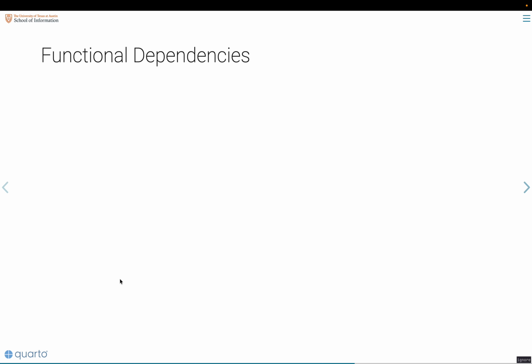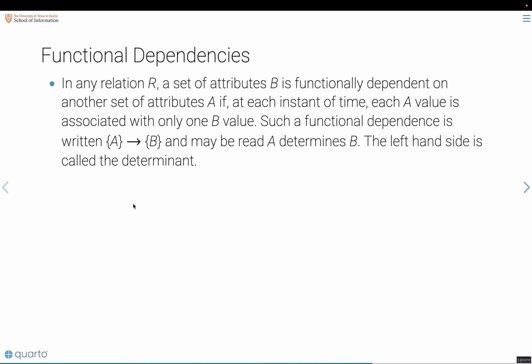Okay, now we should also know about functional dependencies. In any relation R, a set of attributes B is functionally dependent on another set of attributes A if at each instant of time each A value is associated with one B value. And such a functional dependence is written A determines B. That's how we would read this.